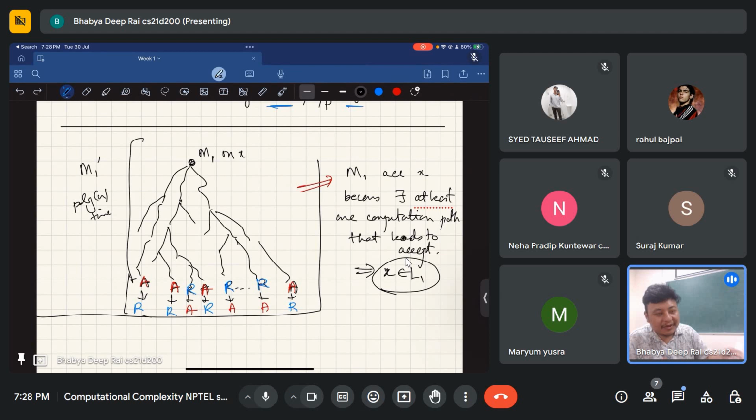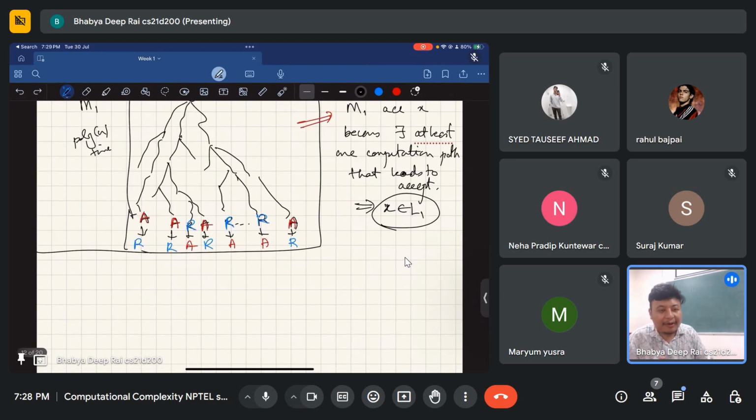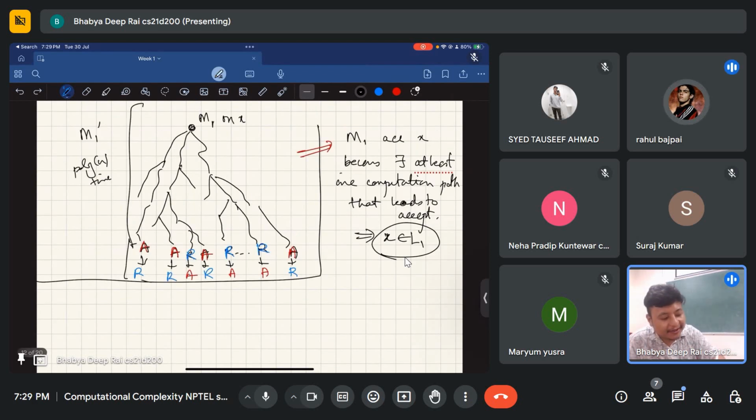By the behavior of non-deterministic Turing machines, when do they accept? This is the condition: there is at least one computation path that leads to accept. Exactly.